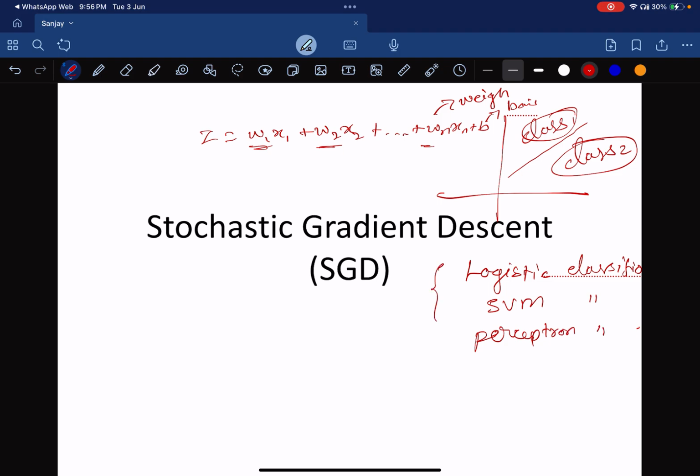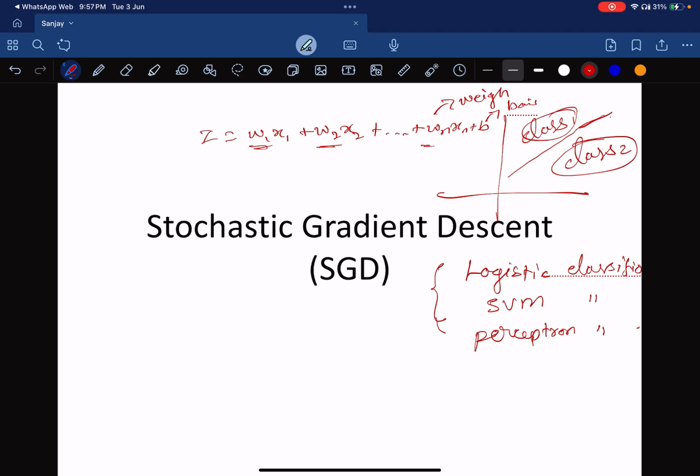It implements these algorithms, especially in Python, and the only difference between these algorithms is their loss function. These are linear classifiers, right? All these algorithms classify the classes based on the hyperplane. It will classify the data based on this hyperplane. So all these algorithms are linear classifiers, so they always separate the data based on the hyperplane.